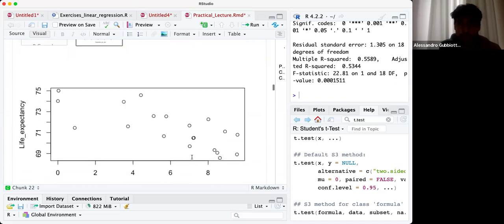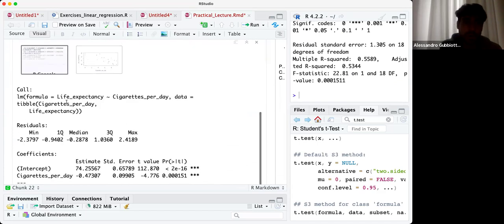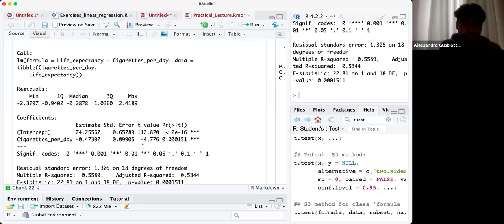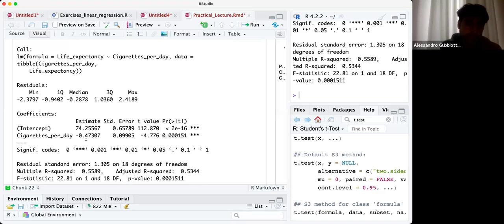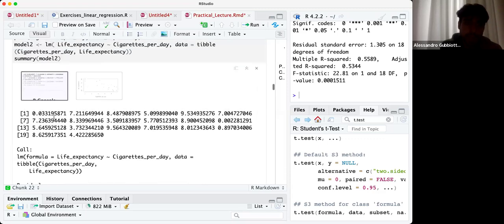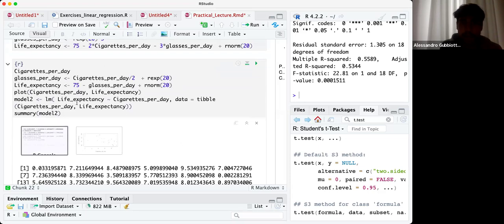Okay, we see this picture. We see that the data looks a little bit correlated. So we perform the test, and it says that the cigarettes are correlated with the life expectancy, but I gave you the data, and actually they are not causal, because the formula from which we calculate life expectancy depends only on the glasses per day and on some independent variables.